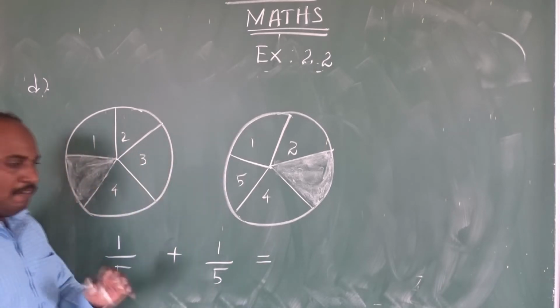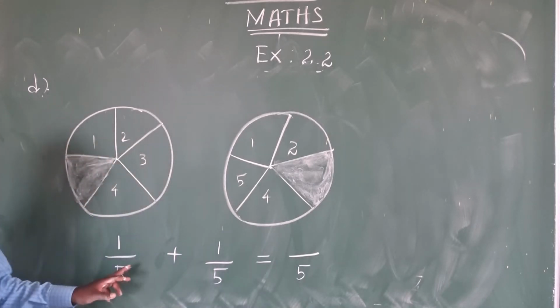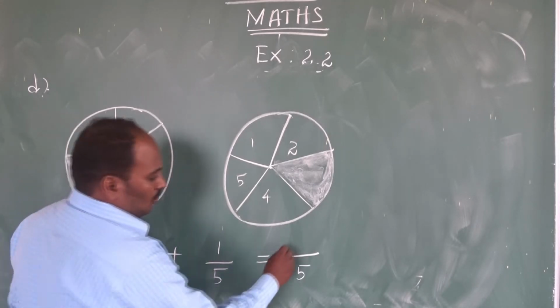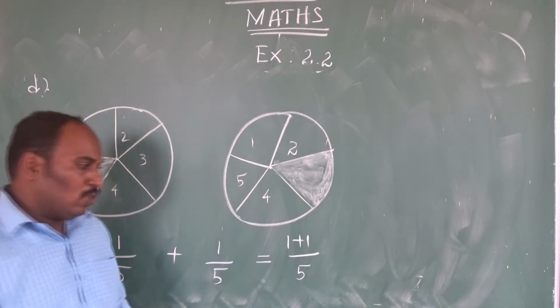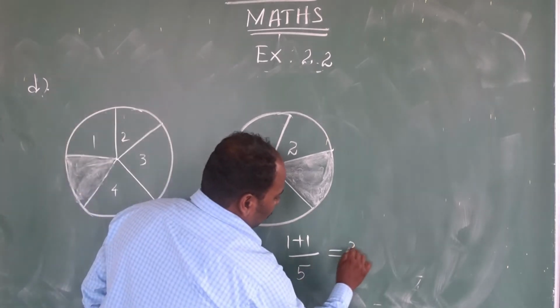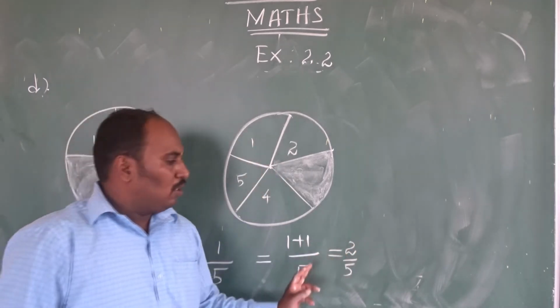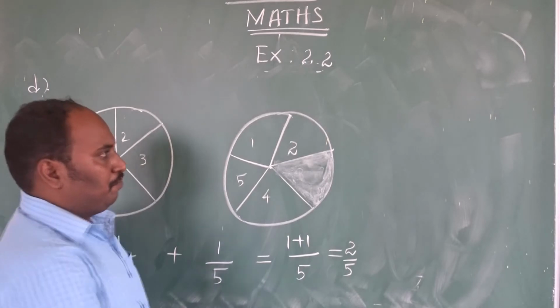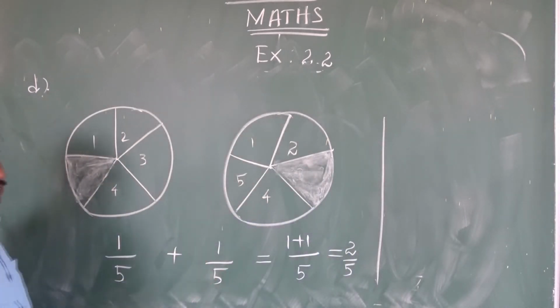The denominator is 5, and we add the numerators: 1 plus 1 is equal to 2. 2 divided by 5. So our answer is 2 by 5.